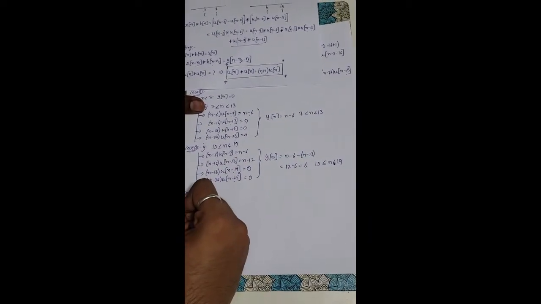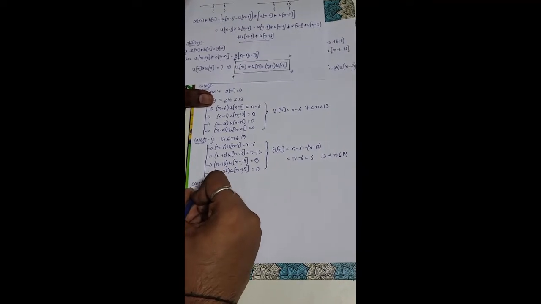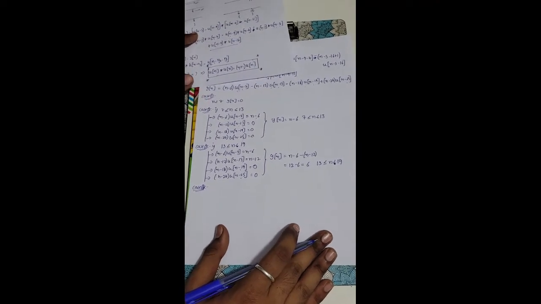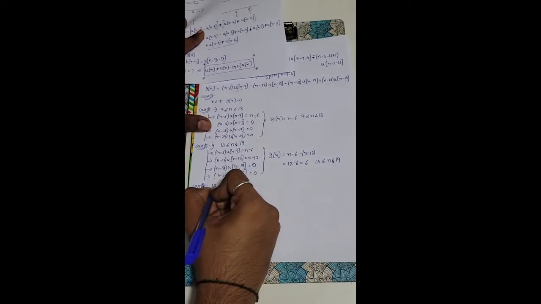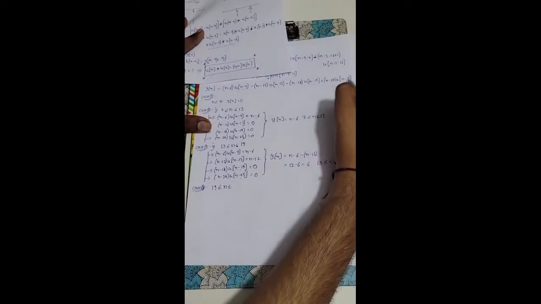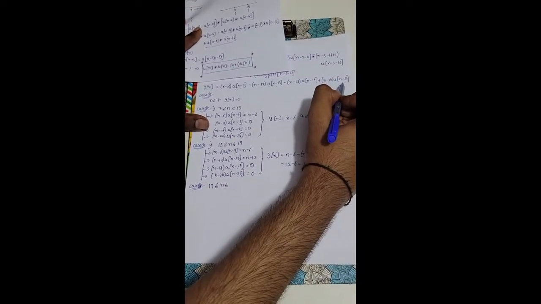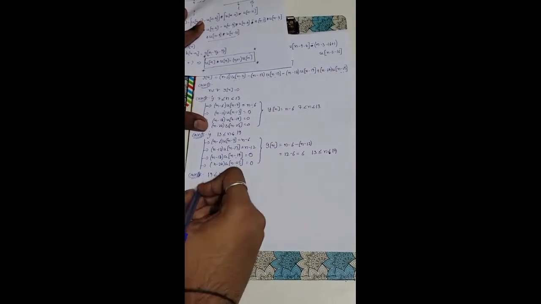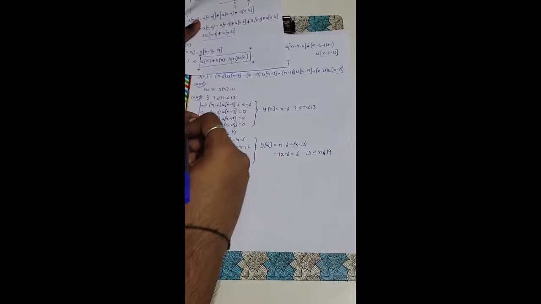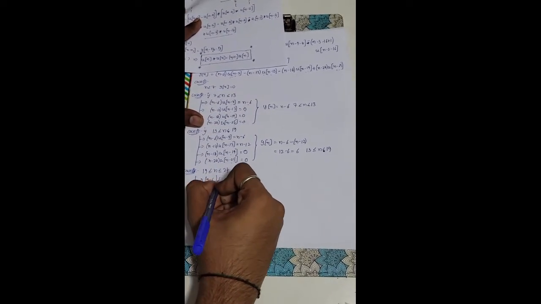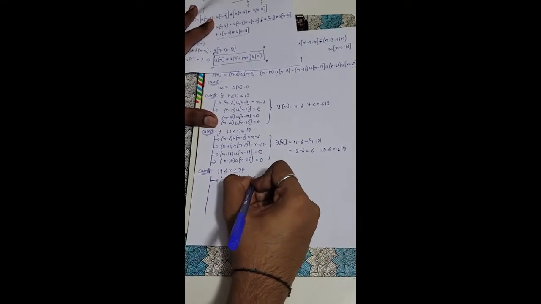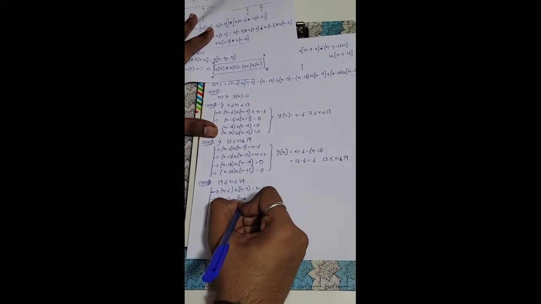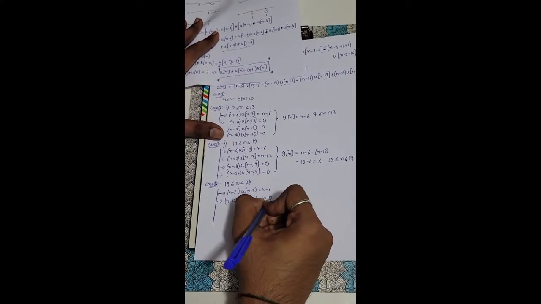And the next case is case 4. When n value is from 19 to 24, since 25 is there, we will take up to 24. In this region, n minus 6 into u of n minus 7 will be valid, so n minus 6. Here n minus 12 into u of n minus 13 will also be valid, so n minus 12.